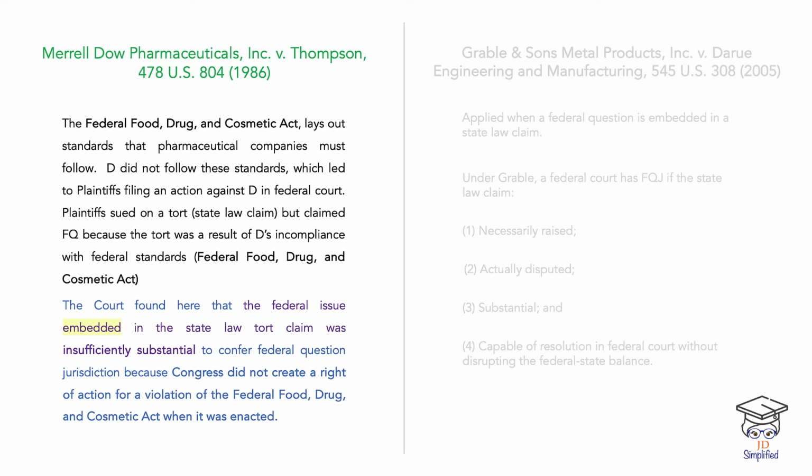Now, negligence is a state claim to be heard by a state court, but plaintiffs alleged federal question jurisdiction on the basis that their negligence claim particularly hinged on the answer to the question of whether the pharmaceutical company did not meet the standards imposed by the Federal Drug and Cosmetics Act. So they claimed a federal question was inevitably embedded in their state law negligence claim, and therefore felt that federal jurisdiction was present and they could litigate the case in federal court.